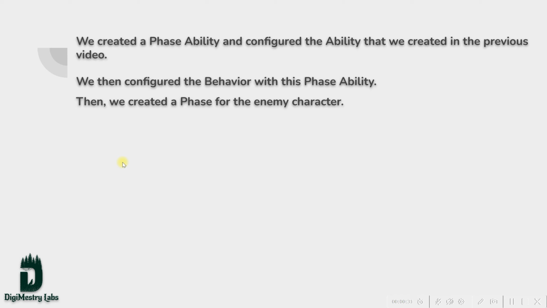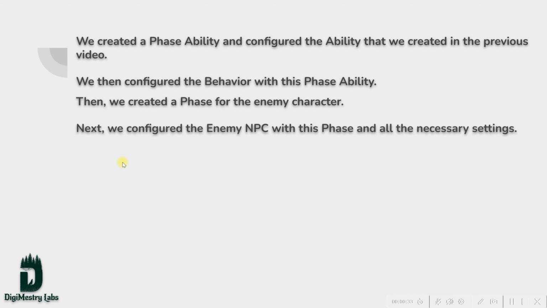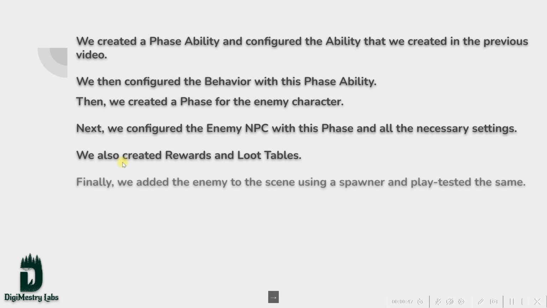Next, we configured the enemy NPC with this face and all the necessary settings. We also created rewards and loot tables. Finally, we added the enemy to the scene using a spawner and play tested the same.